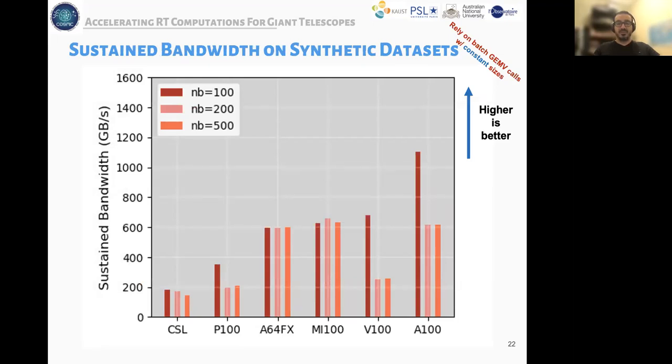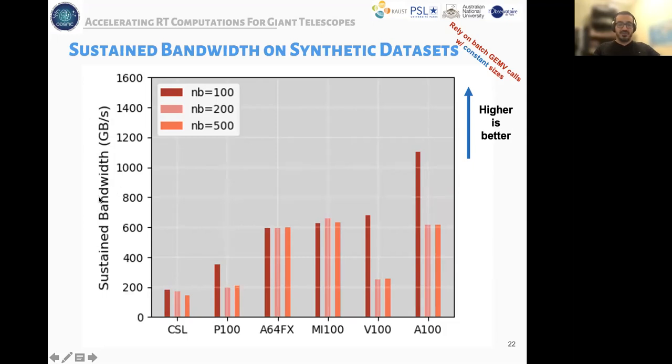So what we've done with this software that we put together, doing this matrix vector multiplication using the tile low-rank approximation, we first run on synthetic data sets to basically demonstrate the robustness of the code itself. So we run on various architectures, 6 of them here, from Intel, NVIDIA, AMD, Fujitsu. Here we report sustained bandwidth, and we look at how the tile size impacts the performance on each of those architectures.